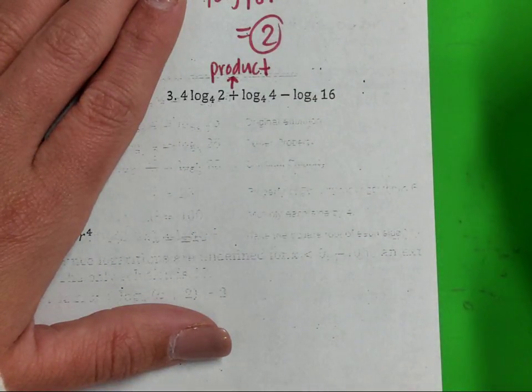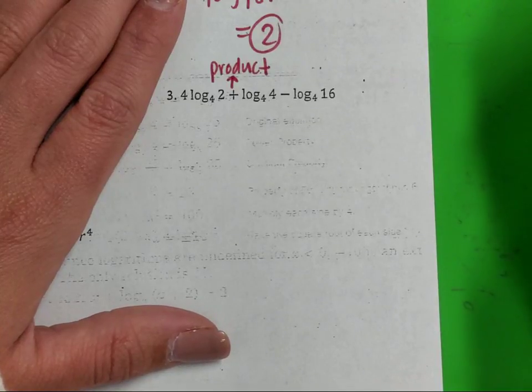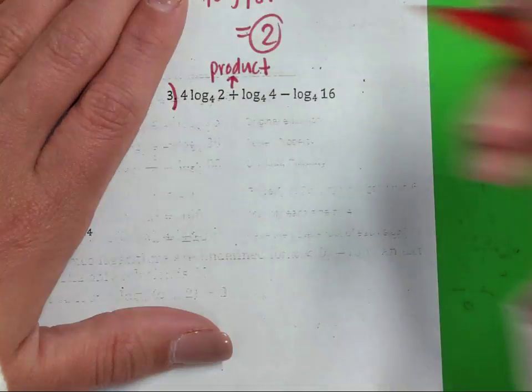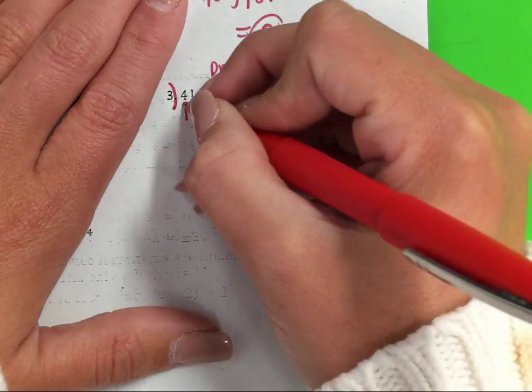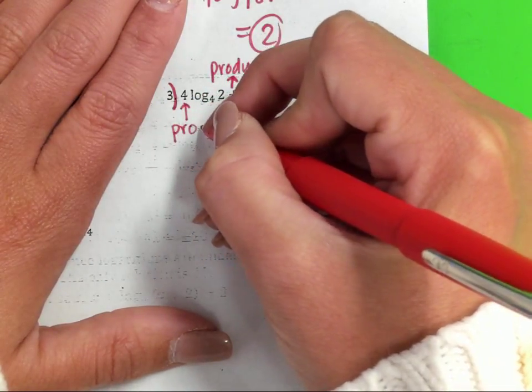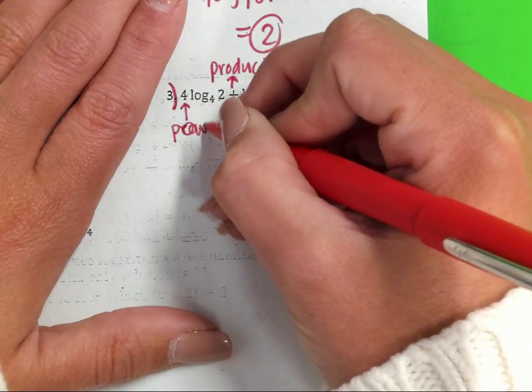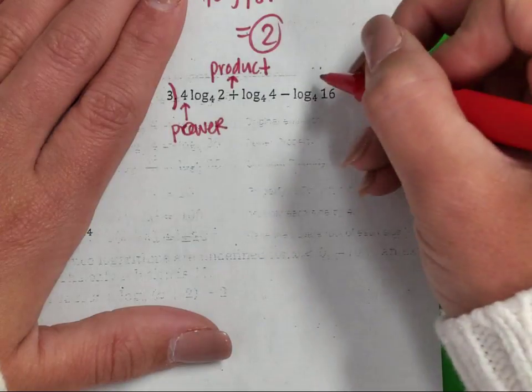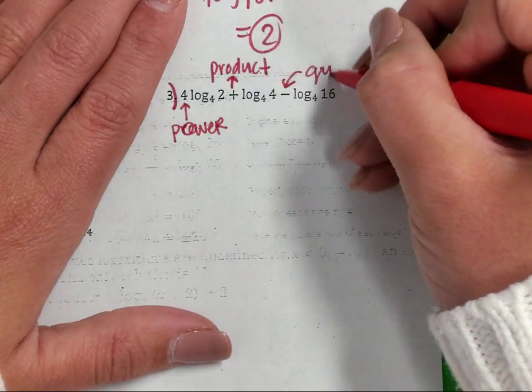Power. Good, and what told you that? The 4 in the front. Very good. This means product. Or excuse me, power. What am I doing? And Ashton, is there any more properties going on? Because of the what? Very good.